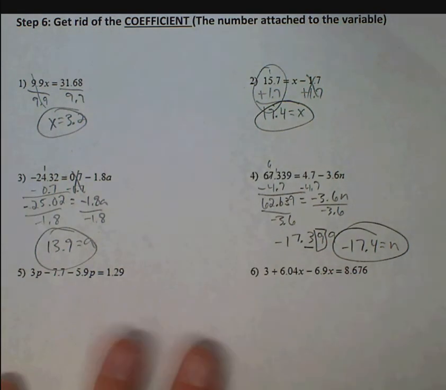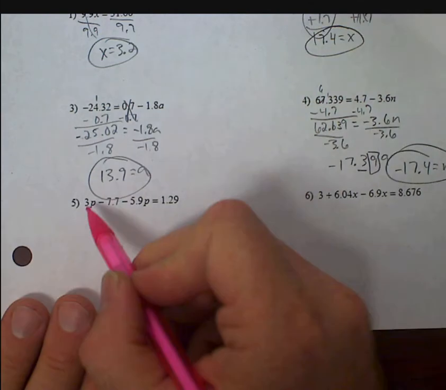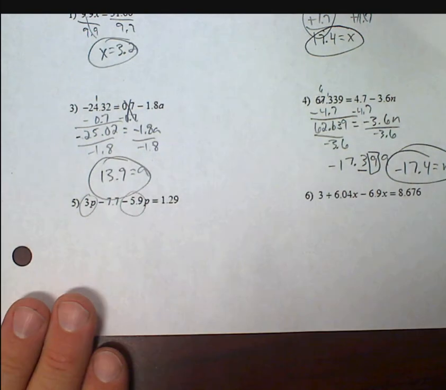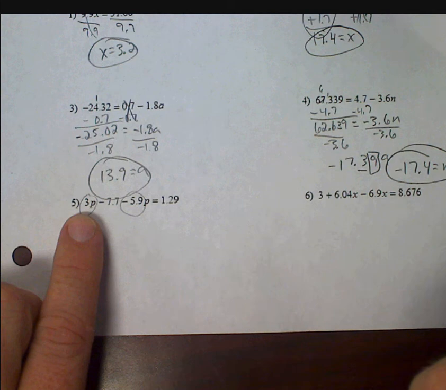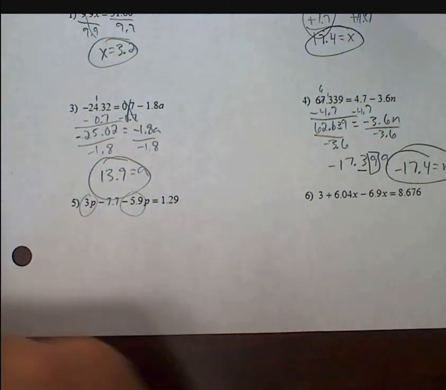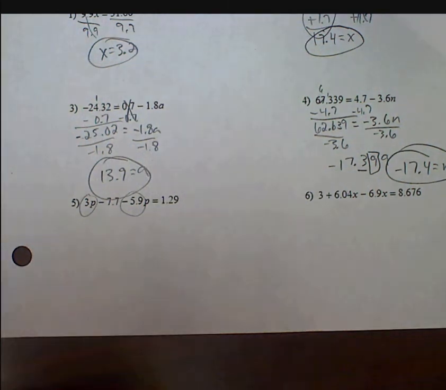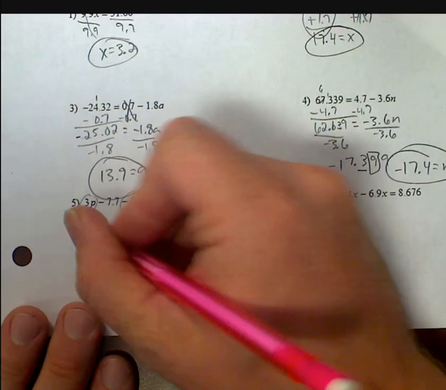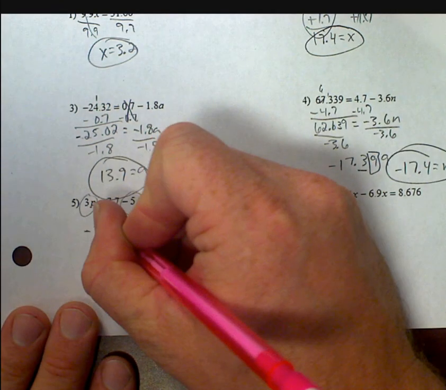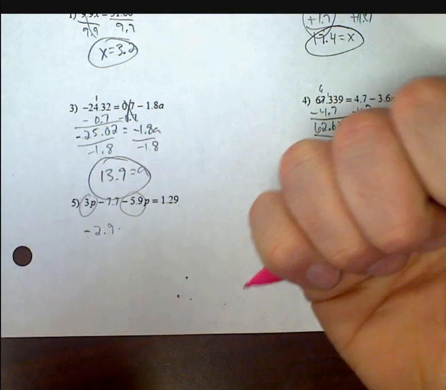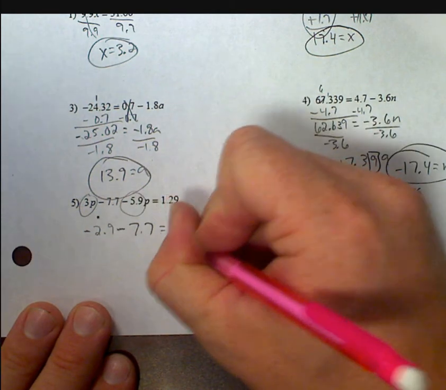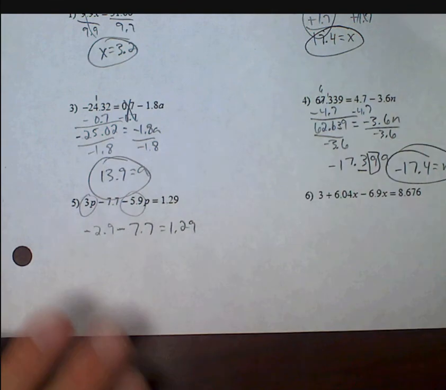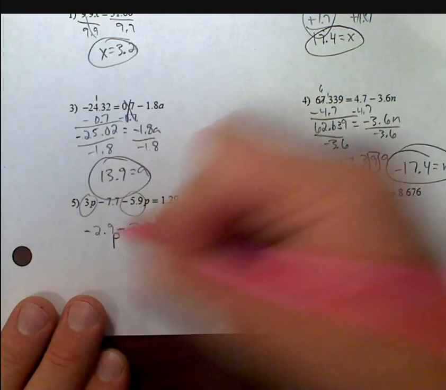Number 5. This time I notice I can combine like terms on the same side. So I'm going to go ahead and combine 3 and negative 5.9. So 3 minus 5.9 gives me negative 2.9 minus 7.7 equals 1.29. Forgot my p. There we go.